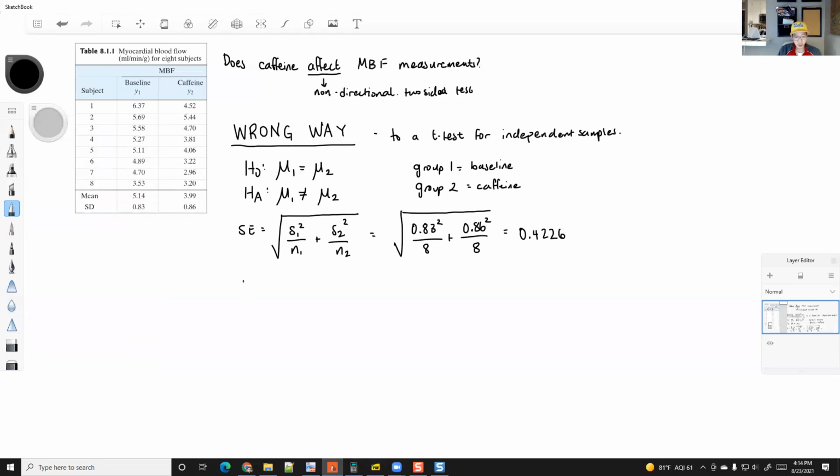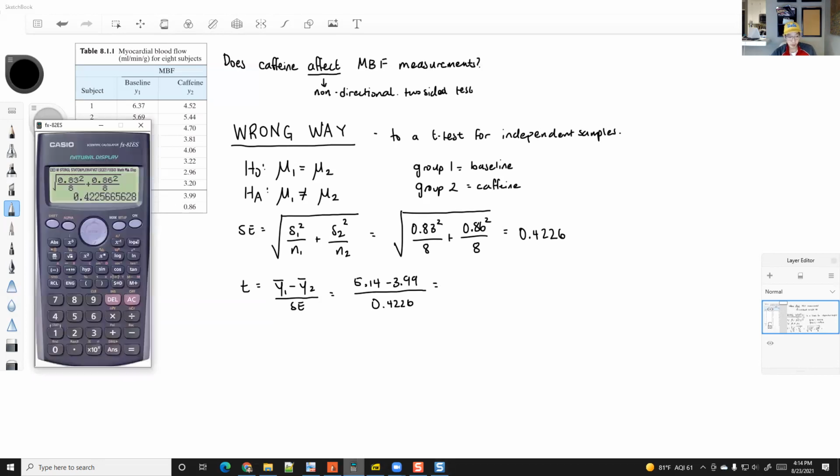Okay, and our test statistic t is y bar 1 minus y bar 2 divided by the standard error. Let's see what this comes out to be. 5.4 minus 3.99 divided by our answer, 2.721.